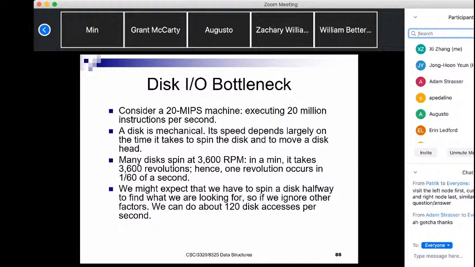That's a few times faster than this model, maybe 4 times, and this is per minute.